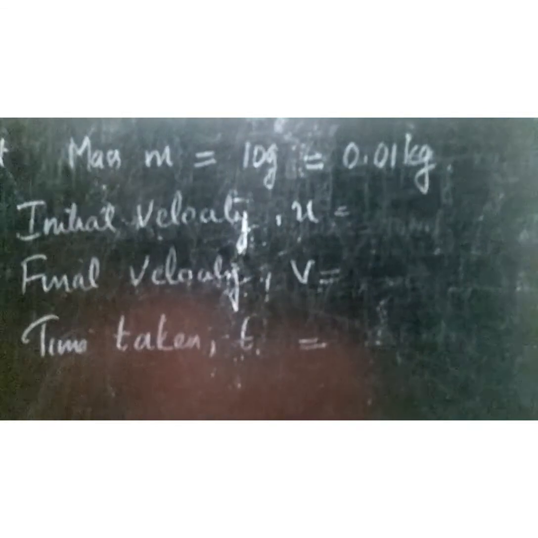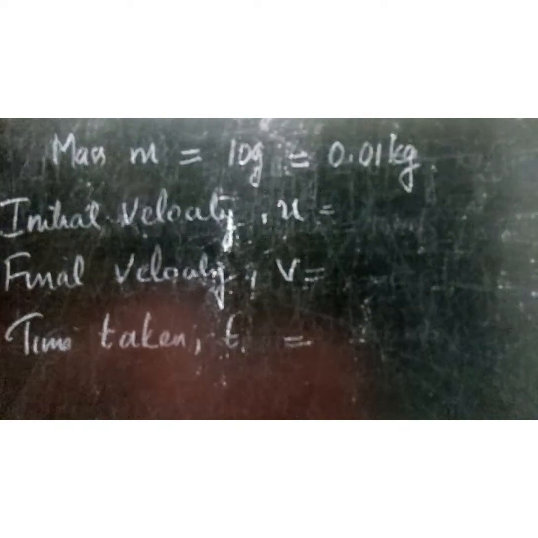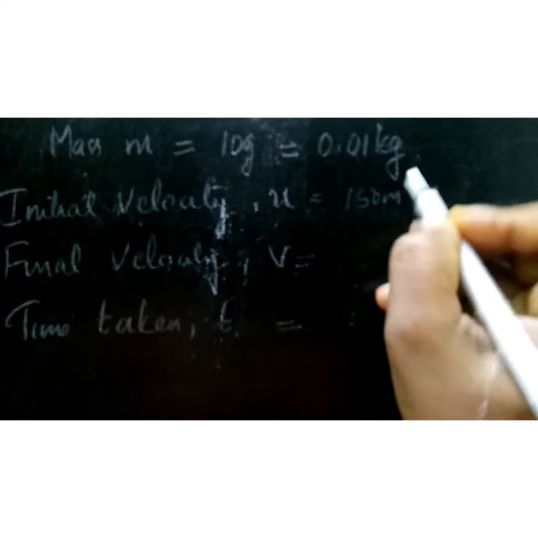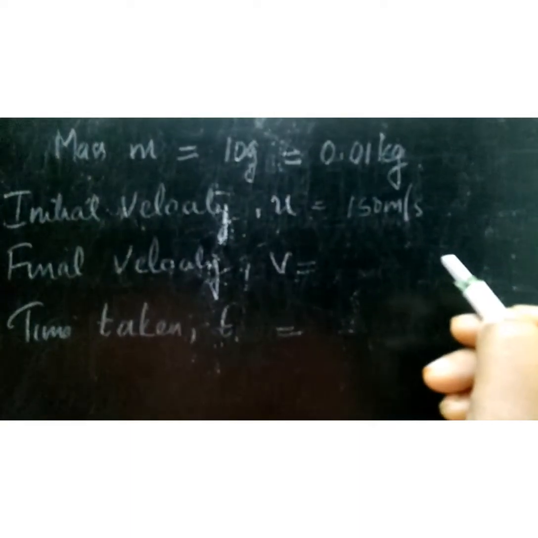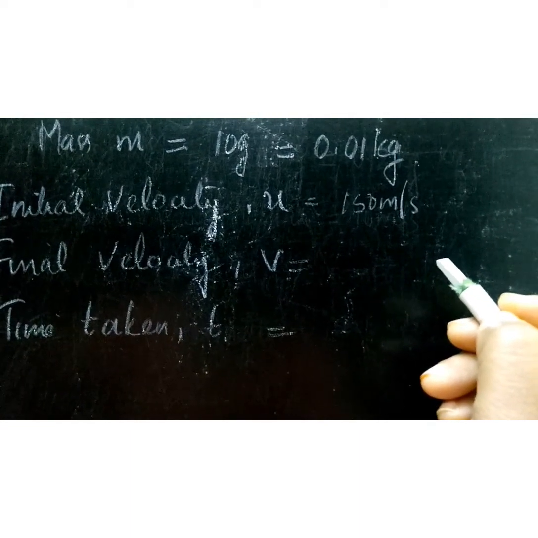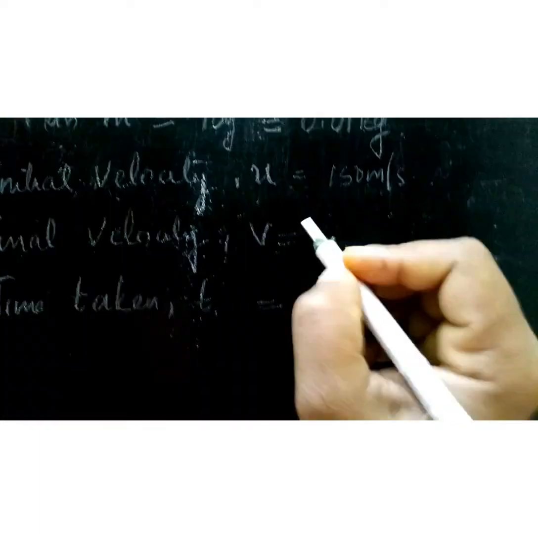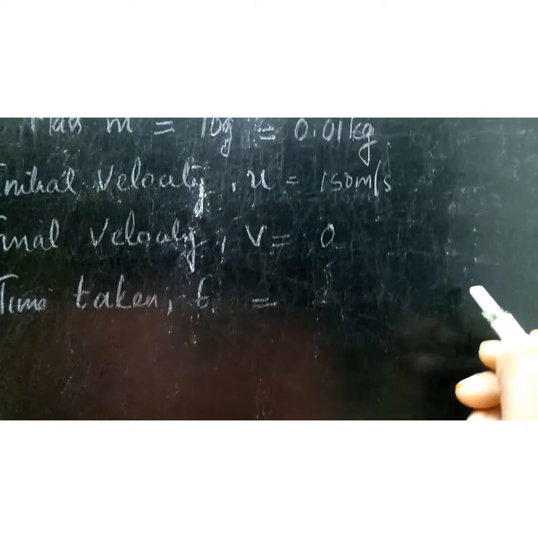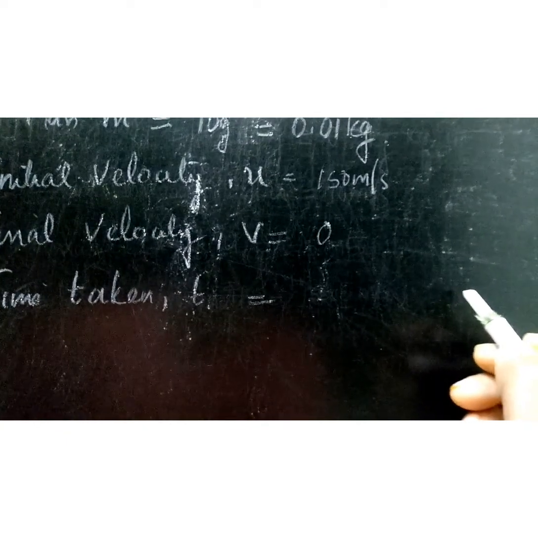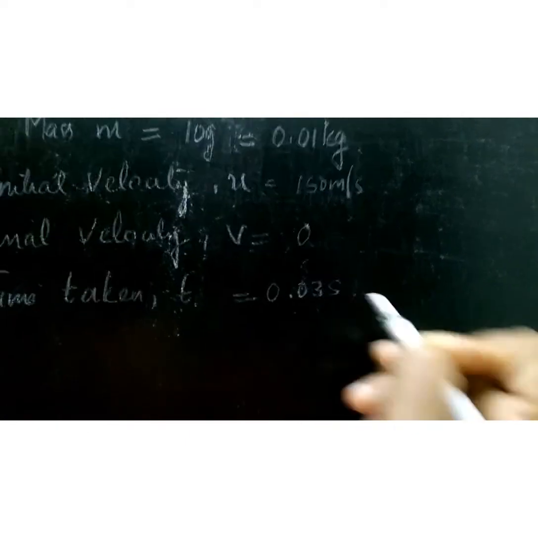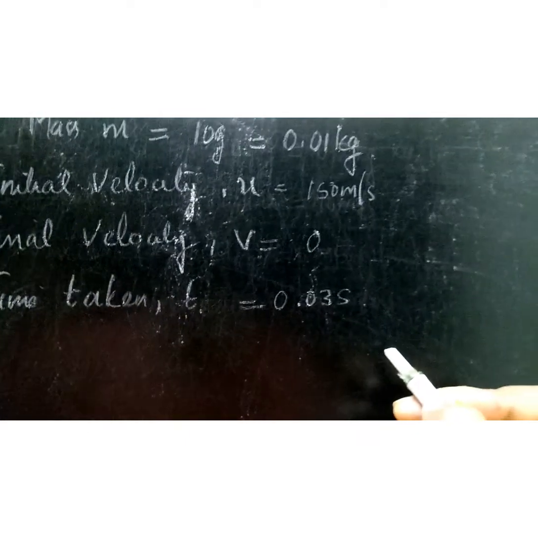Then initial velocity is 150 meter per second, and it strikes a stationary wooden block and comes to rest. Comes to rest means final velocity v is equal to 0, and it happens in time 0.03 second.